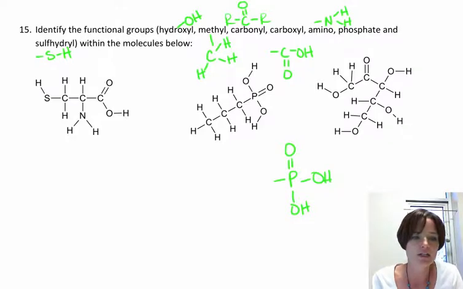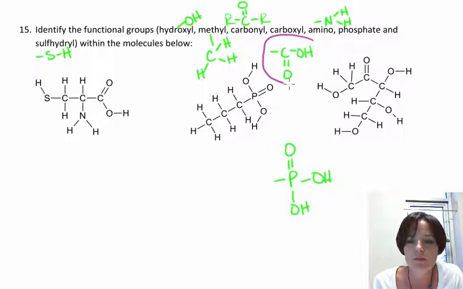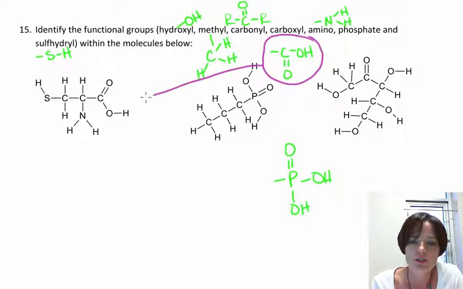So if we look at the hydroxyl first and we look for just the OHs by themselves, we cannot call this one a hydroxyl group because it's also attached to this part right here. So that would be this one. Actually, I'm just going to draw some dashes here. So notice how this matches. That's your carboxyl.